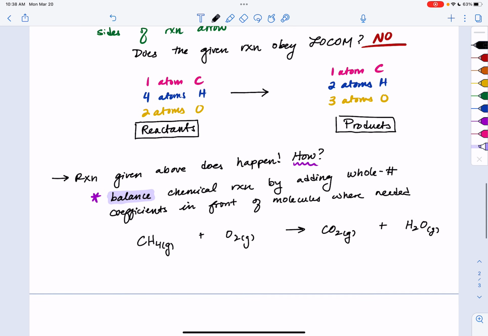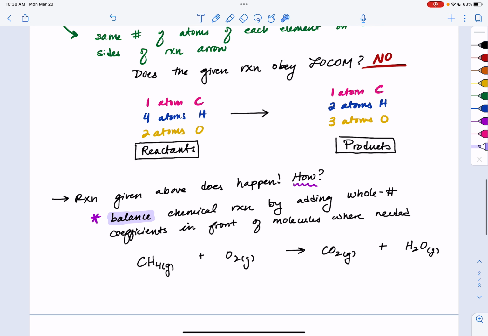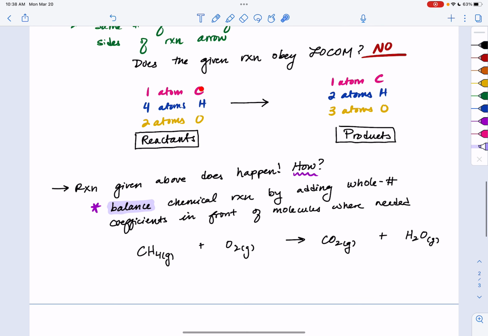Okay, so if I look at what I need based on this unbalanced reaction given here, which has my disobeying of my law of conservation of matter, I see that I'm fine when it comes to carbon atoms, but I am now deficient in hydrogen atoms in my products.